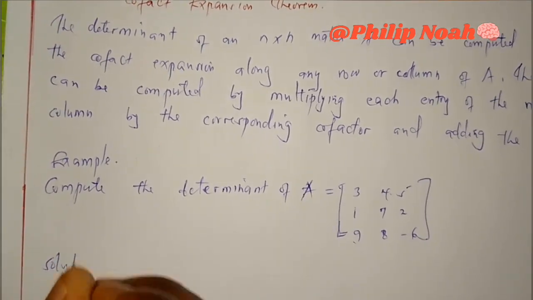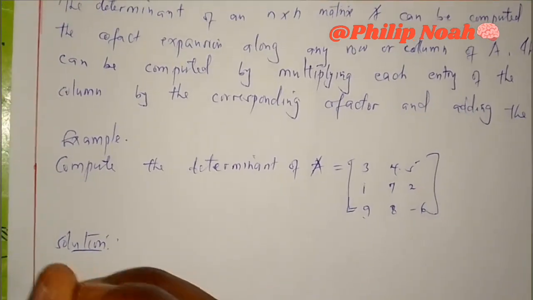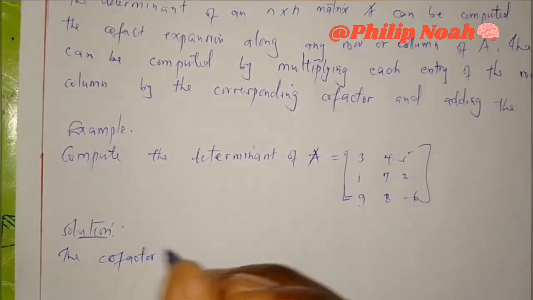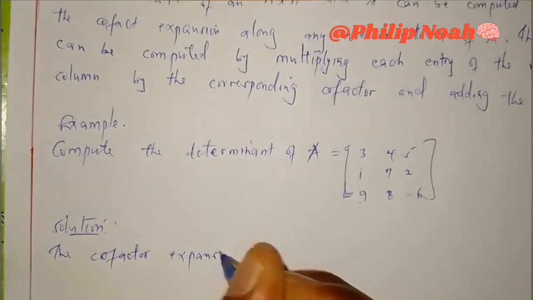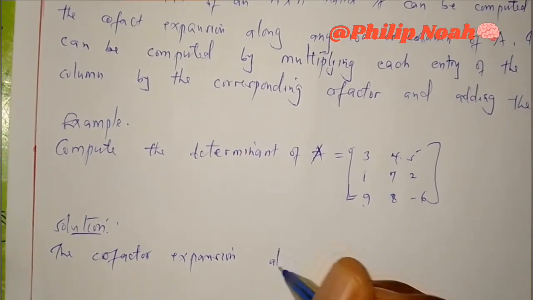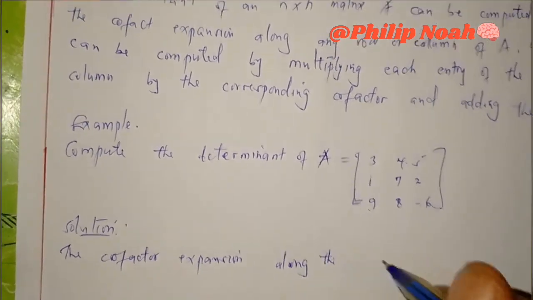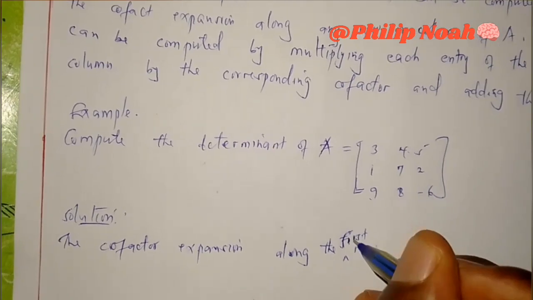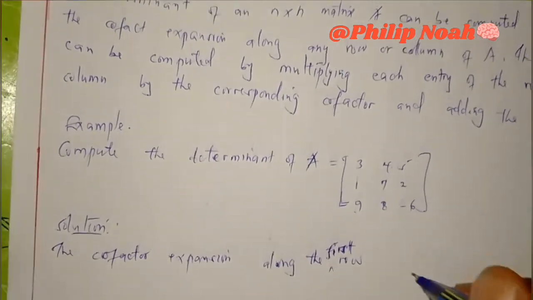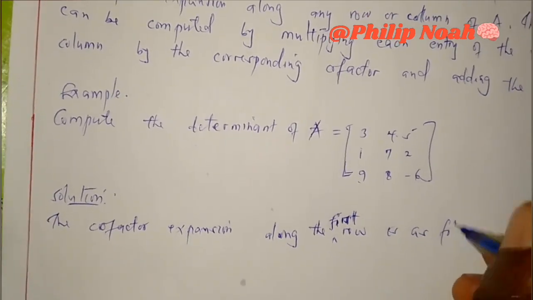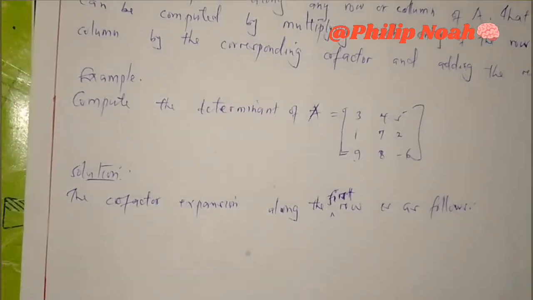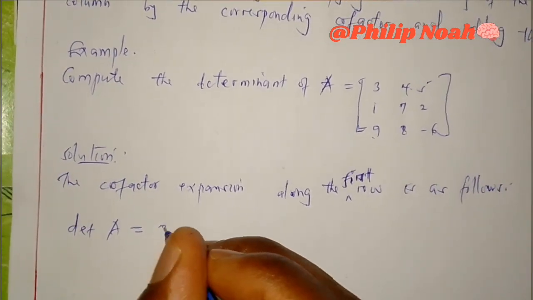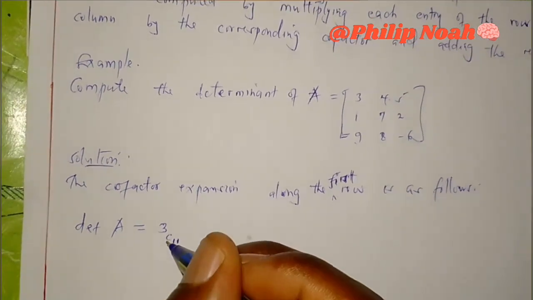So solution, the cofactor expansion along the first row is as follows. The determinant of A is equal to 3 C11.